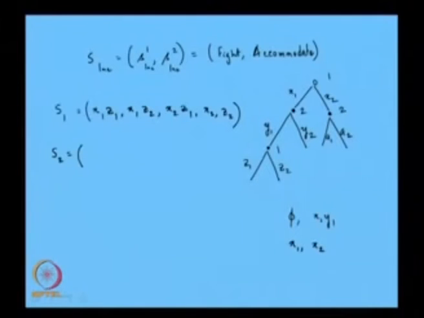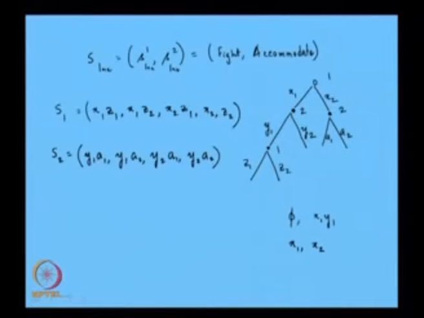So, here also I have to combine these actions y1 y2 with this second set of actions a1 and a2. So, these are the strategies. Each of them is a possible strategy of player 2.